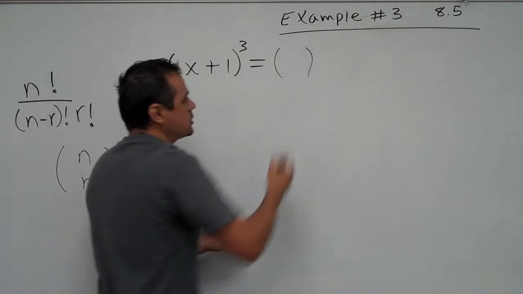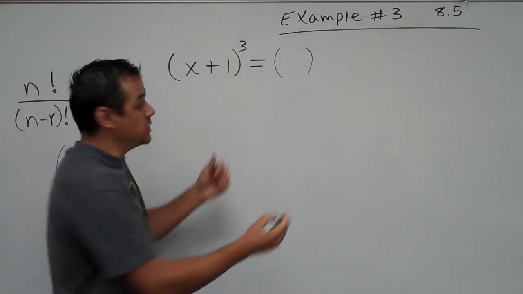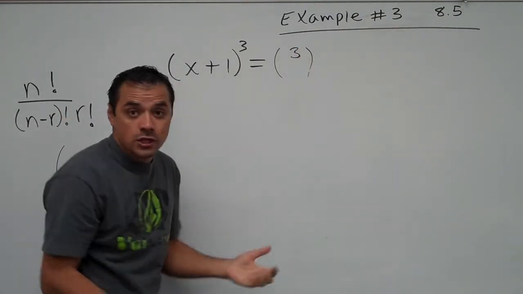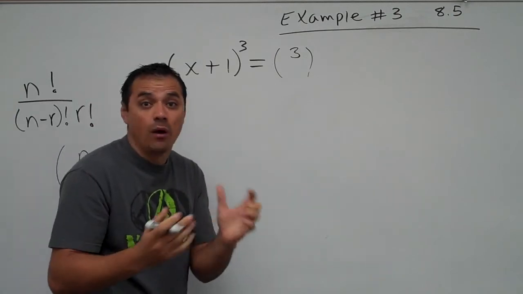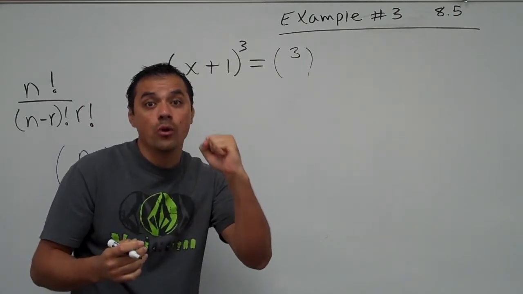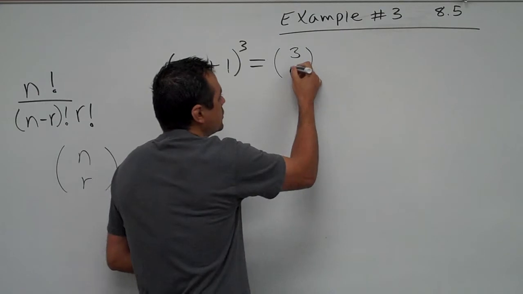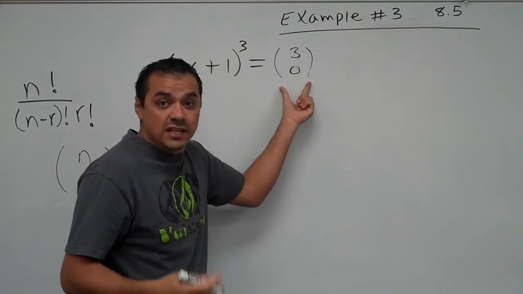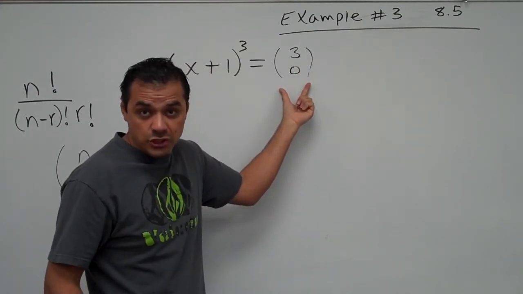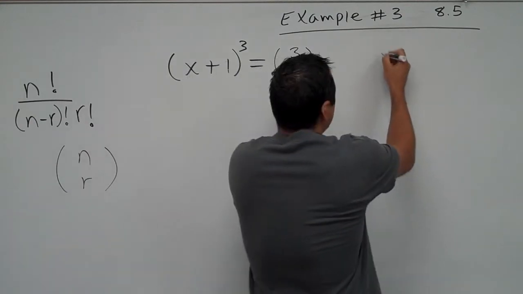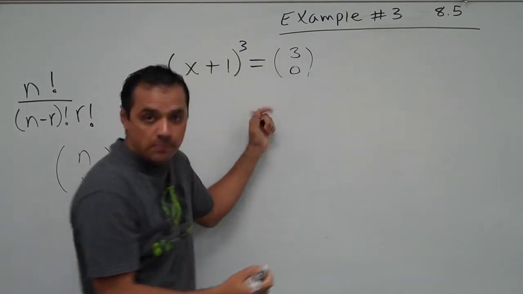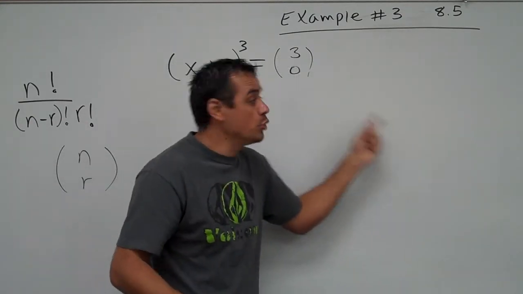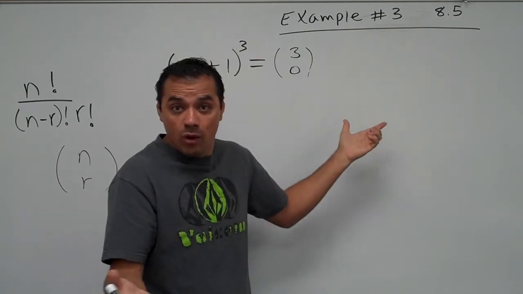So here we go. Let's set up the first coefficient. My first coefficient is going to be my exponent, which is 3, choose the very first term. Remember, that is not 1, it's going to be 0. We always start with 0. 3 choose 0. If I do this, this will give me my first coefficient. Okay? So my second term is going to be 3 choose what's after 0? 1, right?